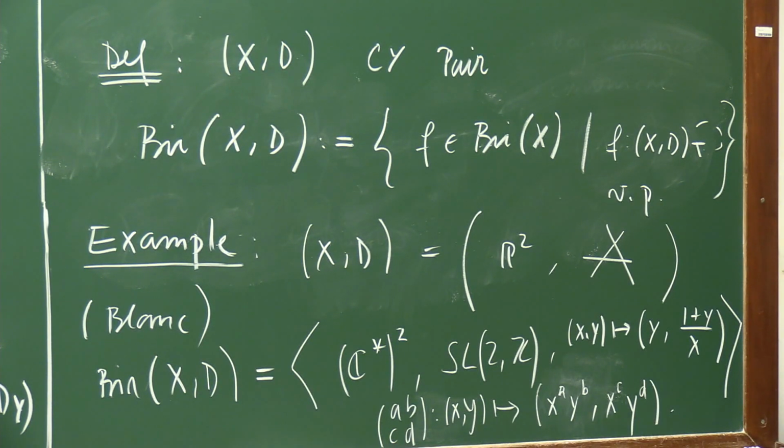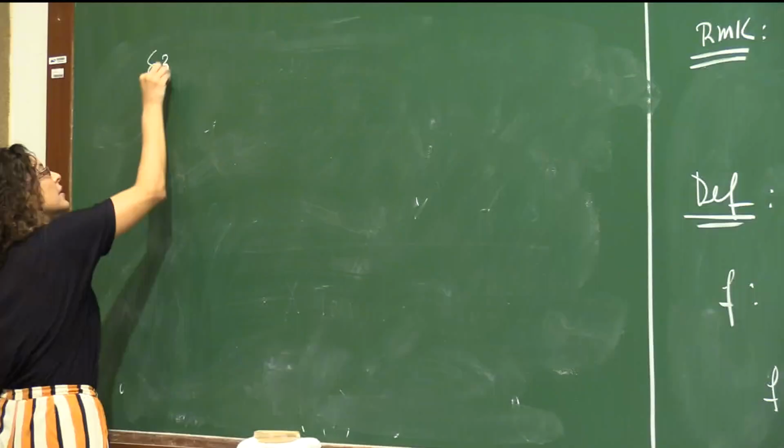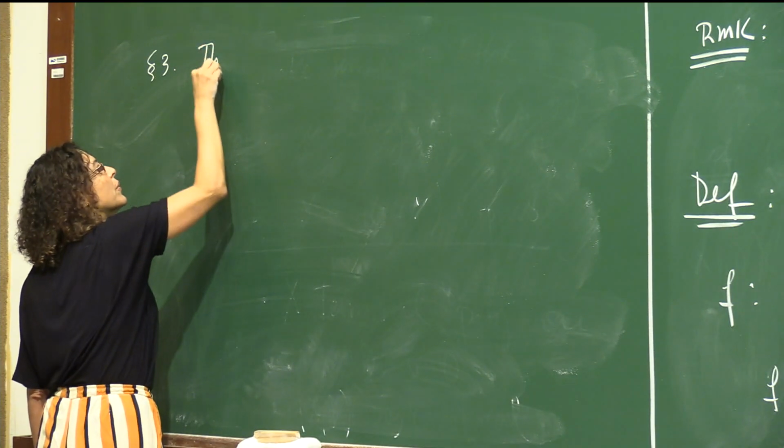Let me do a digression, and before I talk about this for pairs, let me discuss this in the classical context first. So we go now to the Sarkisov program.